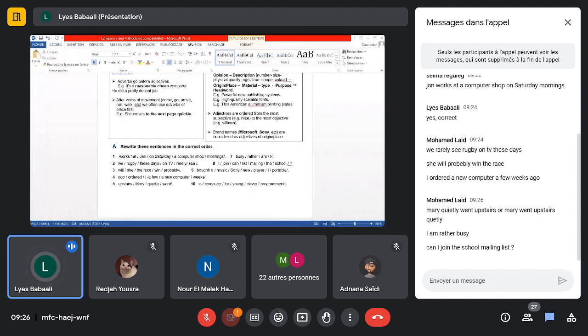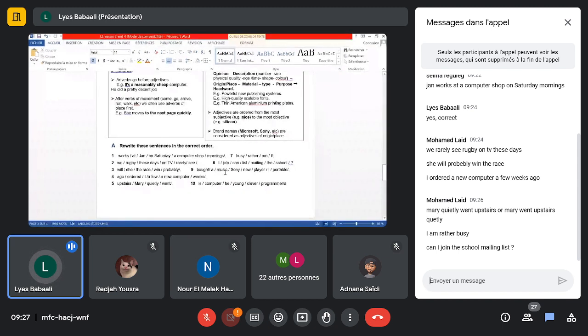Yeah, so I see that you have done the exercise. It's kind of simple, right? Okay, let's try to finish it. Can I join the school mailing list? Yes. So I bought a new Sony portable music player, or something like this.